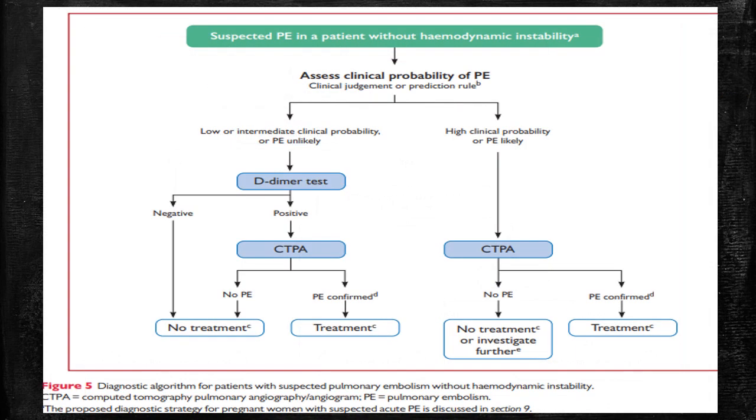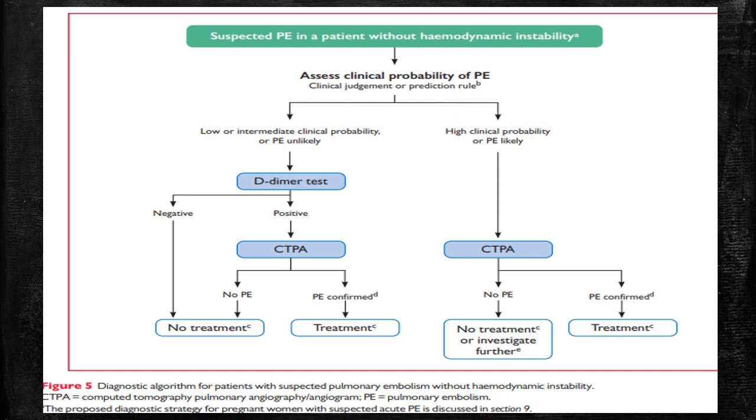For a patient who is hemodynamically stable, you have to start with clinical probability assessment. If the patient is in the low or intermediate clinical probability, only then do you go for D-dimer testing. And if the patient has high clinical probability or PE likely, then you have to go directly to CTPA.